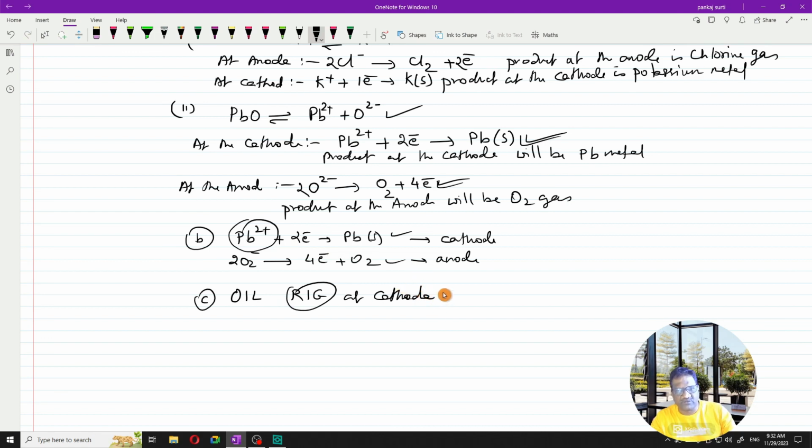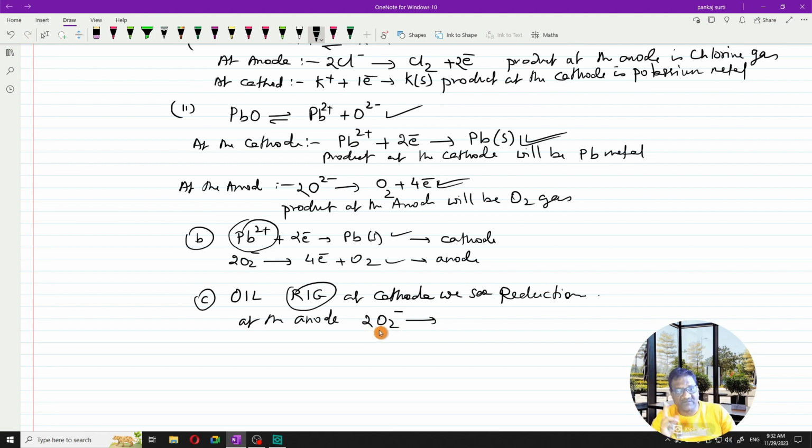So at the cathode we see reduction. Now what will happen at the anode? At the anode, these two oxide ions will give away 4 electrons.